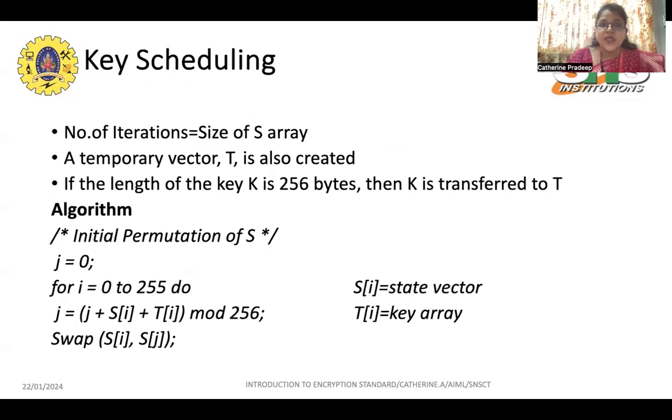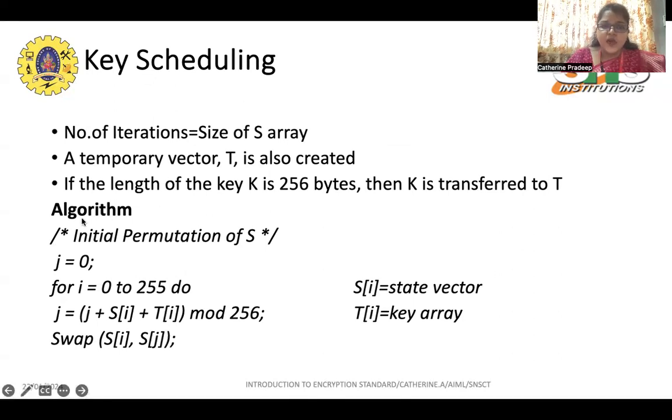Under this key scheduling algorithm, we have certain steps. The first step is the number of iterations. The algorithm takes the iteration according to the size of the S array, and a temporary vector T is also created here. If the length of the key is 256 bytes, then the key is transferred directly to the temporary array T, or else the key is repeated. I'll show you with an example.